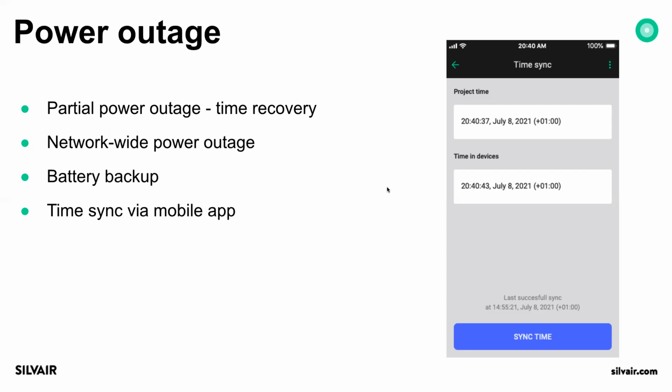I would also like to share that this time sync feature can be used to troubleshoot some issues, or to check the difference between the project local time and the time on devices in the network, which would be presented here, because the app would read the time from the time authority.